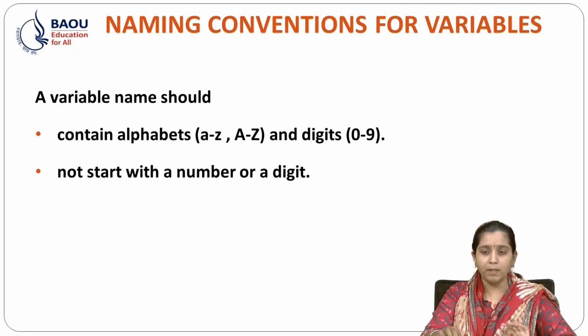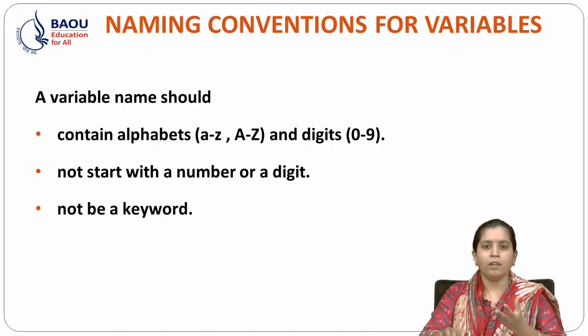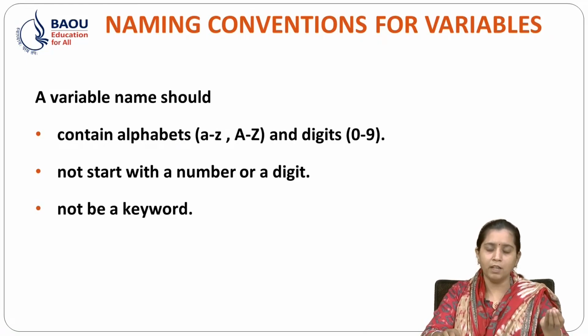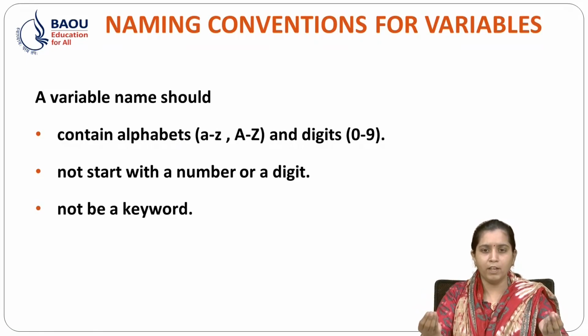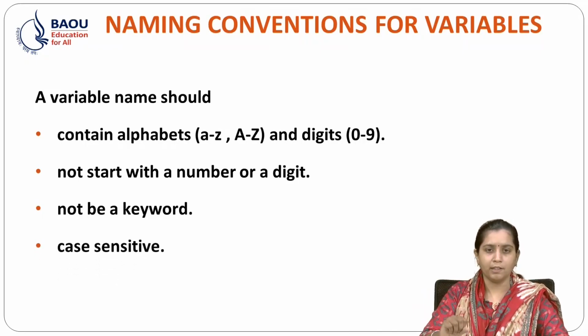It should not be started with a number or a digit. It should not be a keyword, because if a keyword is there, then the compiler might get confused about which one is the keyword and which one is the variable name, right?